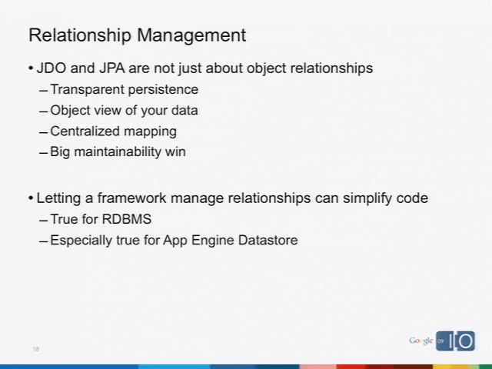Now, that said, I also want to encourage you to try and take advantage of the relationship management stuff. And the reason is that on the App Engine data store, this becomes more important than it might be if you were using a relational database. The reason is that relational databases have foreign key constraints.